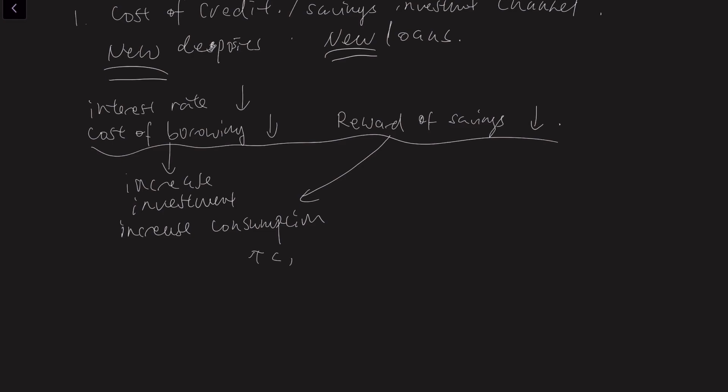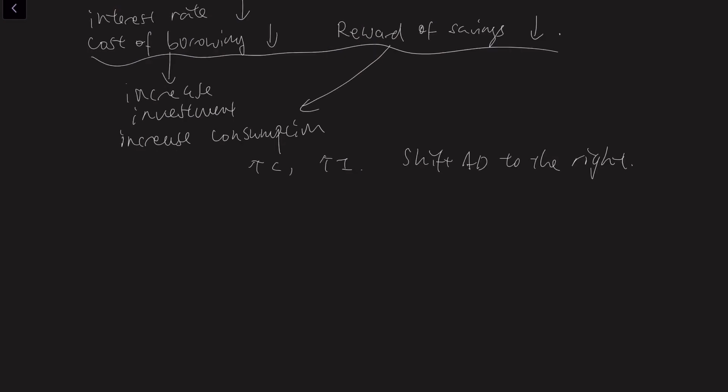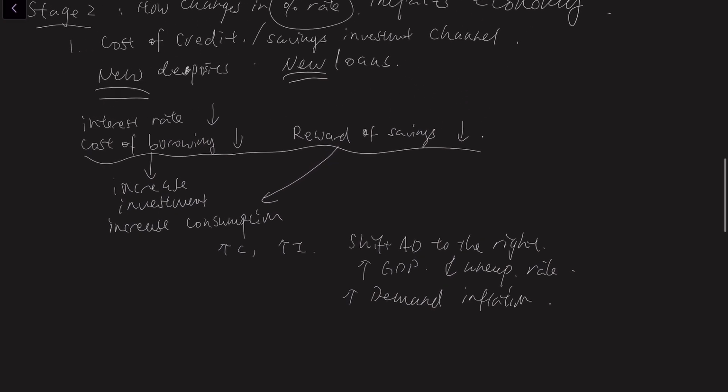So increased consumption and investment shifts AD to the right. And this increases GDP because it increases production, decreases the unemployment rate, and also increases demand inflation. So that's the first channel. And of course, if the interest rate increases, it's the opposite effect.